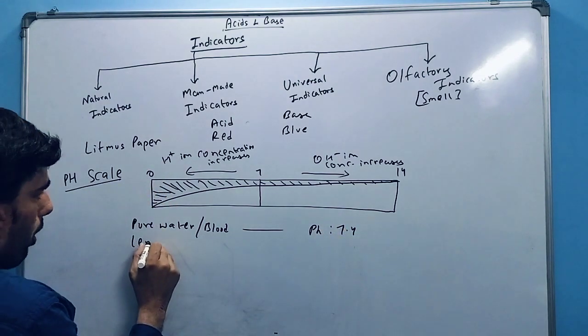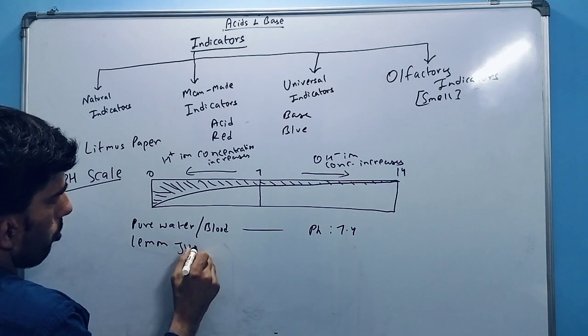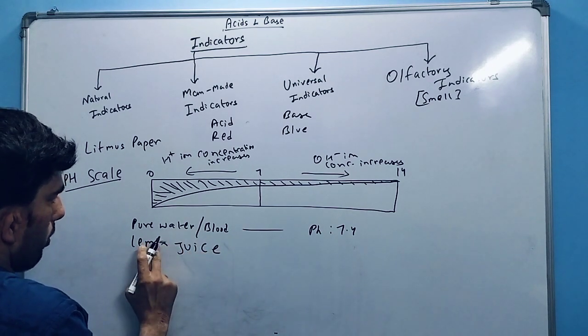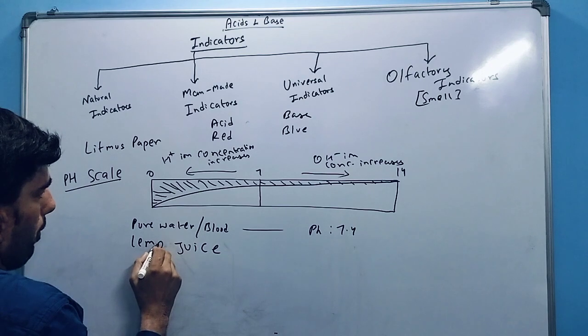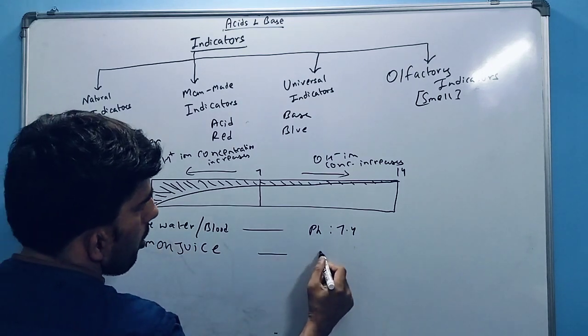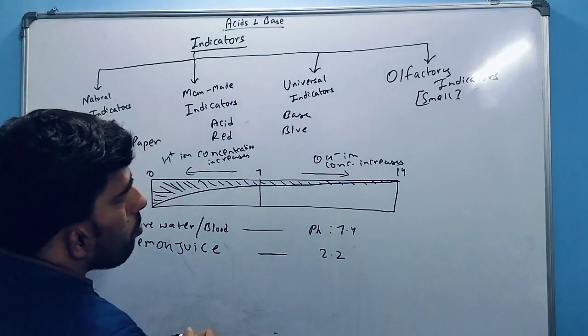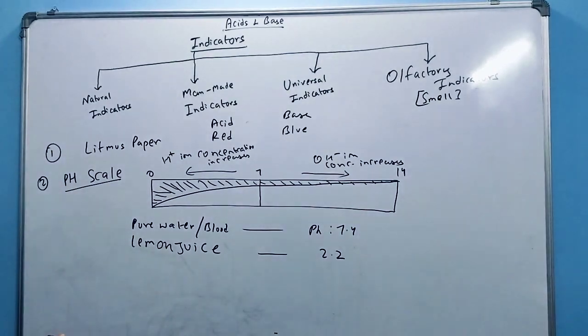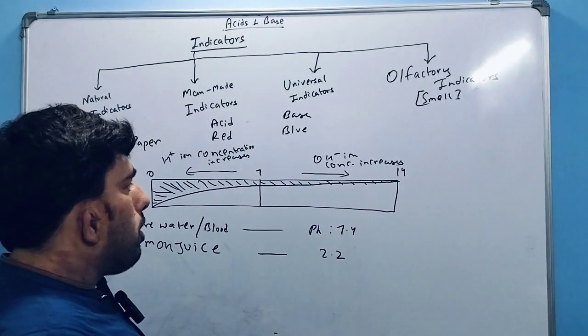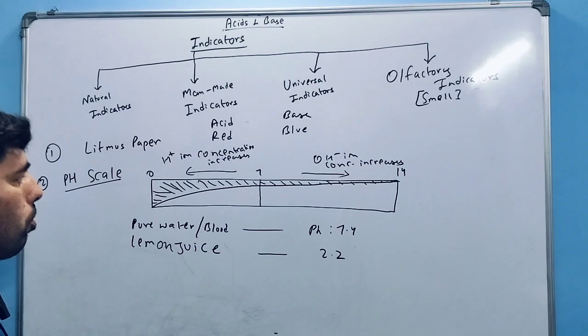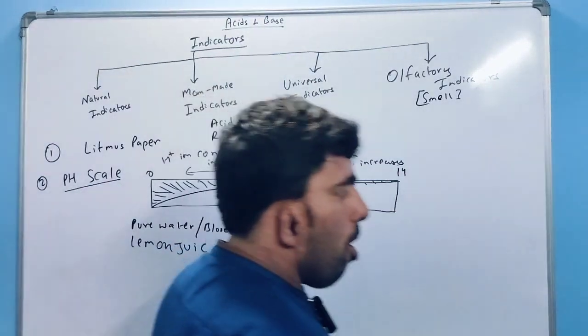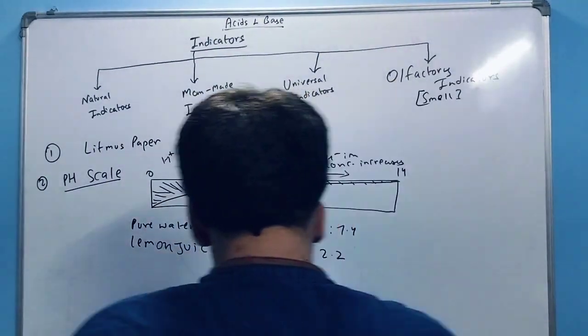If I talk about lemon juice, it has a pH of 2.2. Likewise, we can see the pH of other substances.